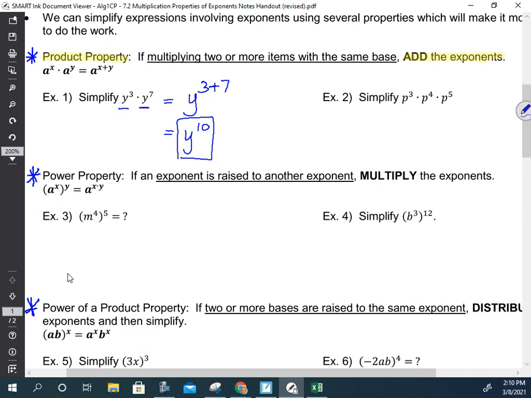That's if you have two exponents directly next to each other. So if you're multiplying these, you have y to the third, which is y times y times y, and y to the 7th. 1, 2, 3, 4, 5, 6, 7. How many y's do you have sitting up there?